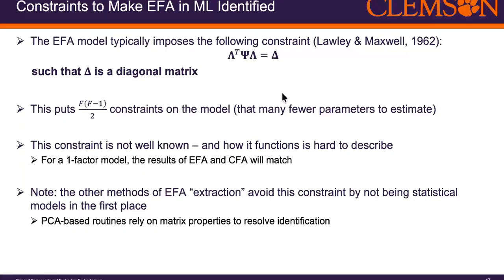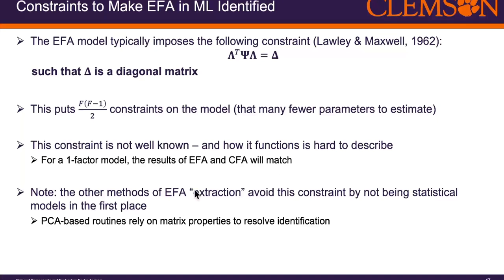So what I like to think of is when you choose to do the maximum likelihood factor analysis, you have to choose a set of constraints. In exploratory factor analysis, this is what gets used. I'm stumbling over what this means. It's hard to describe. Whereas in confirmatory factor analysis, your constraints come from the structure you're hypothesizing for your data. So I find the confirmatory factor analysis constraints much more believable, much more understandable and interpretable.